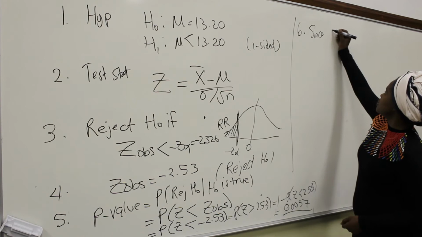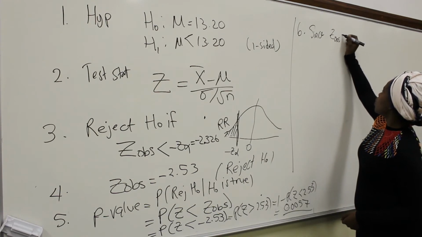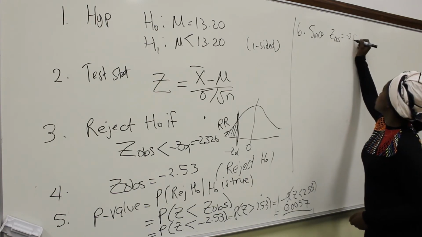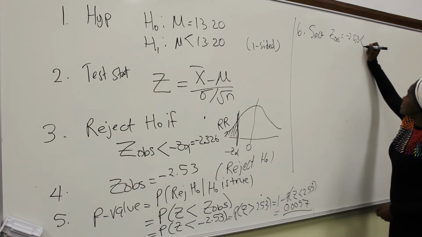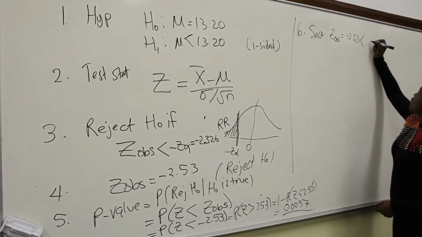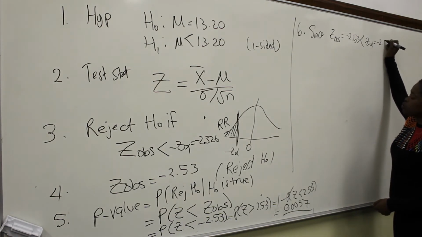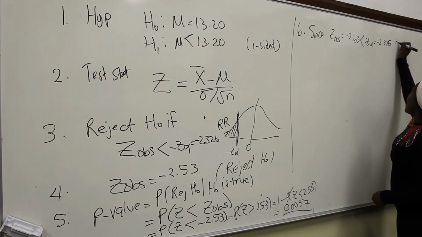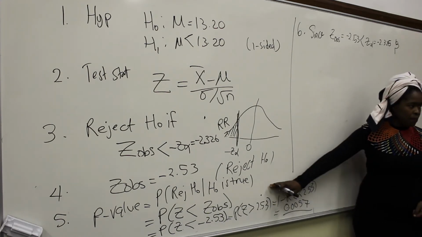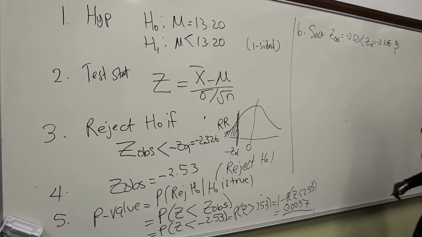So you're going to say since Z observed, which is equal to minus 2.53, is indeed less than Z of alpha, which is equal to minus 2.326, okay? And now you're noting what happened with the p-value.